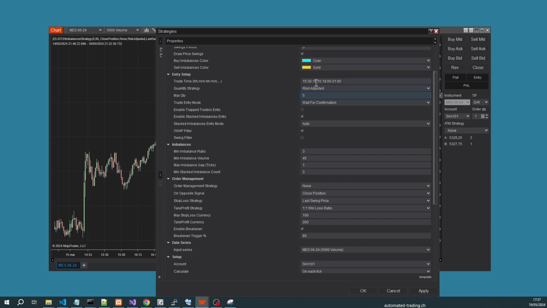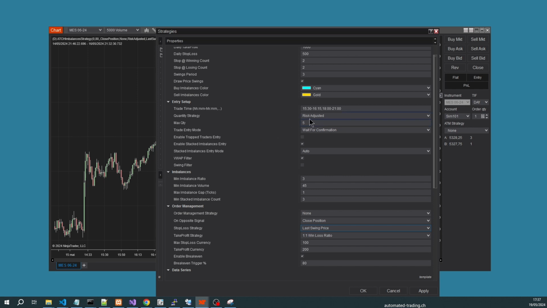This risk adjusted will be heavily impacted by the stop loss strategy here. So if we have a stop loss strategy that is last swing price, for example, then the strategy will calculate the required contracts for the stop loss to be exactly $100 to the calculated stop loss.